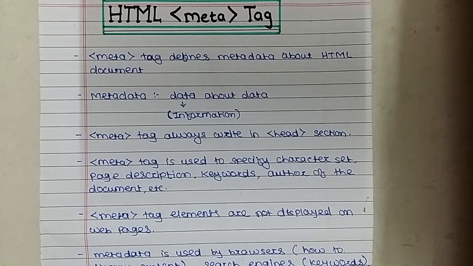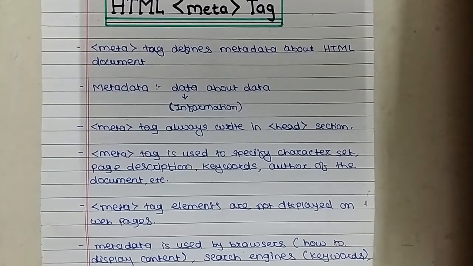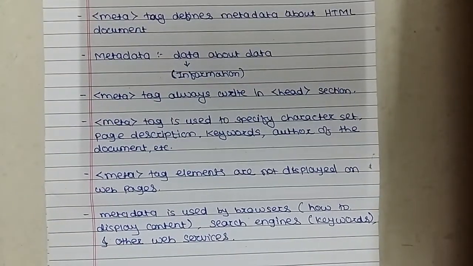It is used to specify character set, page description, keywords, author of the document, etc. Meta tag elements are not displayed on web pages because they are written in the head section, not in the body section. Meta tag is used by browsers to decide how to display the content, and by search engines like keywords and other web services.